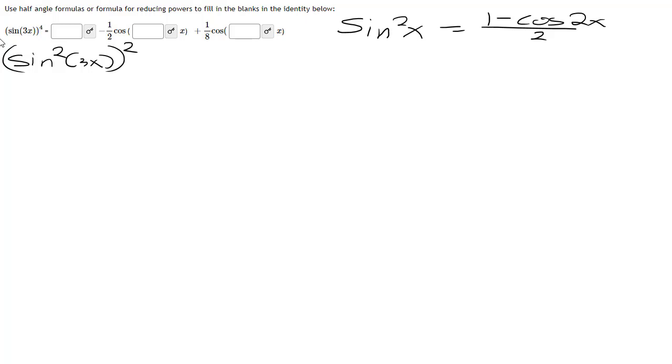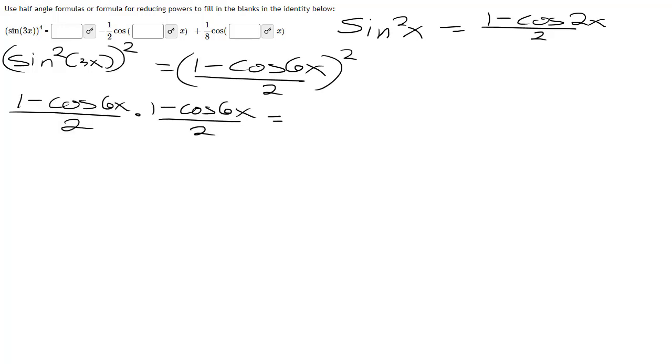So if we apply this formula, we've got a 3x here, and this is supposed to be doubled. So this becomes 1 minus cosine of 6x all over 2. But then this whole thing is squared. That's fine because the cosines aren't squared. The expression is squared.